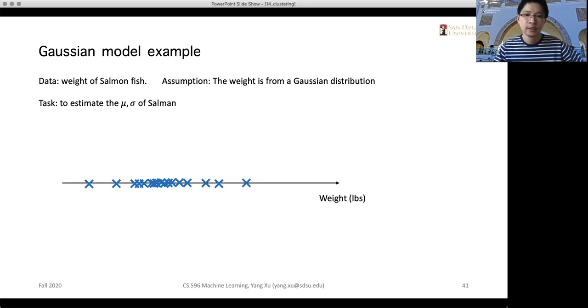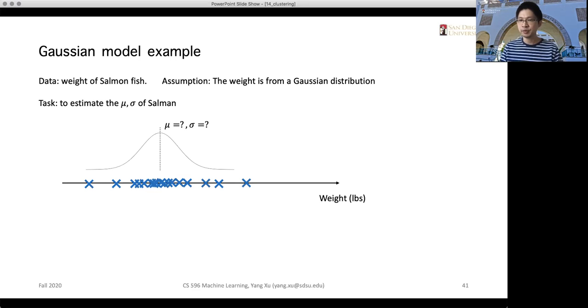Given a bunch of weights we may have observed, if we plot it along this x-axis, we may have a visualization like this. So the task is to find the mu and sigma that best fit the observed data.